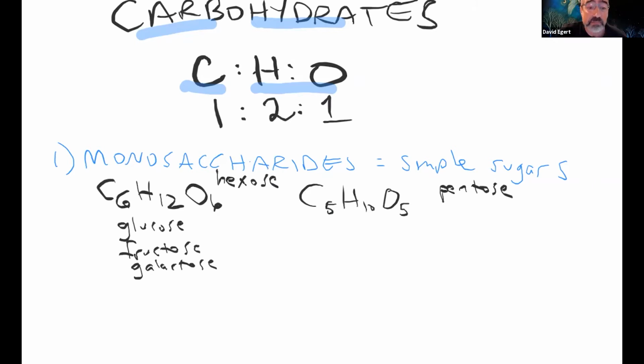What is an example of an important pentose sugar that you all are familiar with? Ribose? Yeah, ribose. Ribose and deoxyribose, the things in DNA and RNA. Deoxyribonucleic acid, DNA, gets its name because in that backbone you have these 5 carbon sugars, deoxyribose.